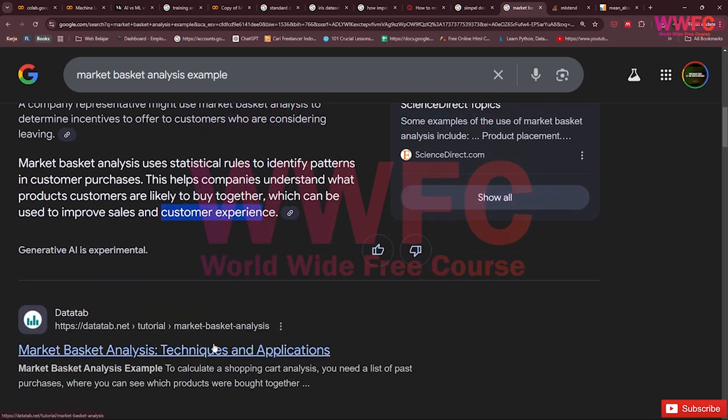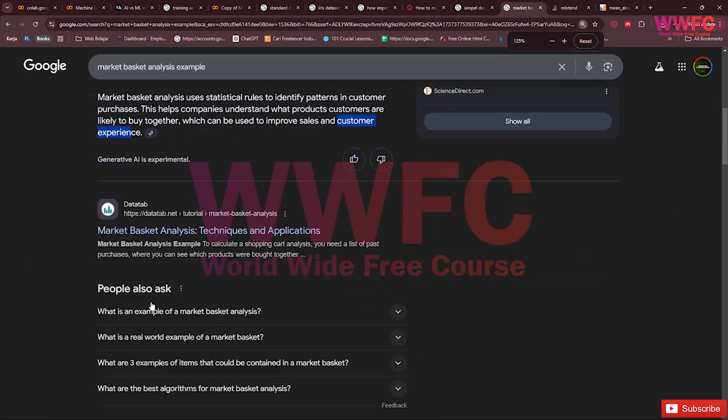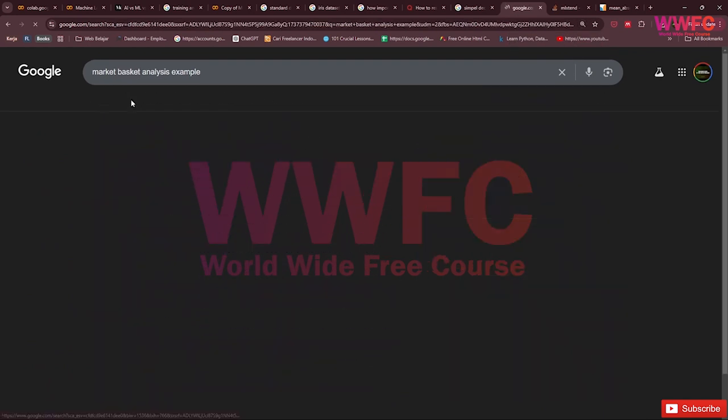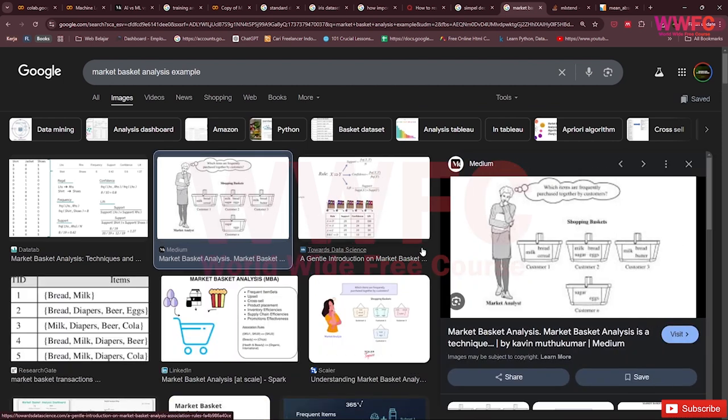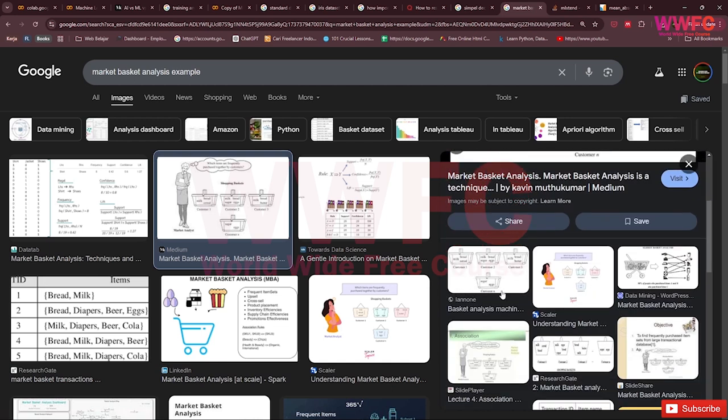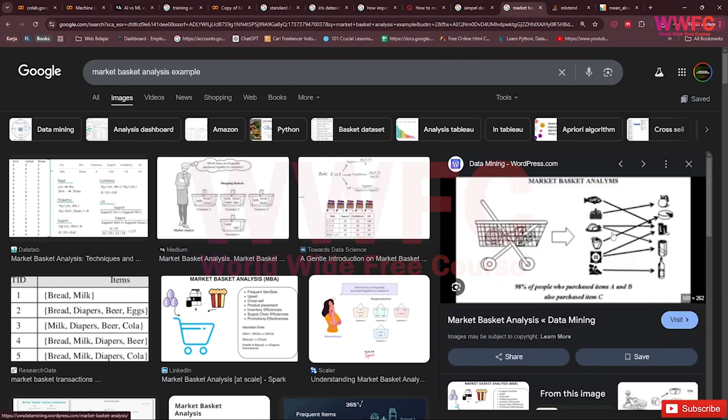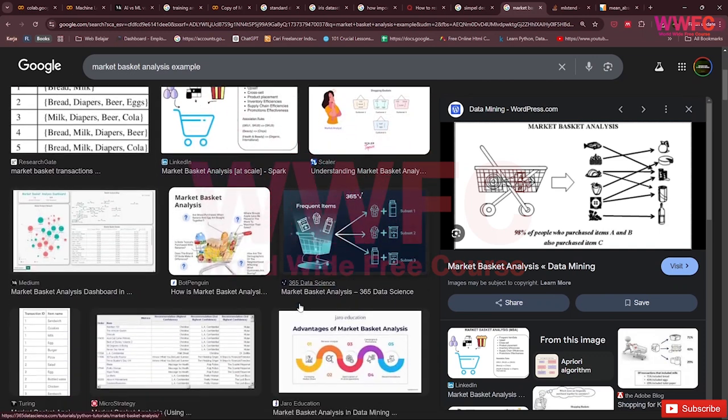It is one of the analyses out there that still amazes me. Like this shopping basket, it has milk, bread, cereal, and so on, right? This is an everyday activity that we analyze.